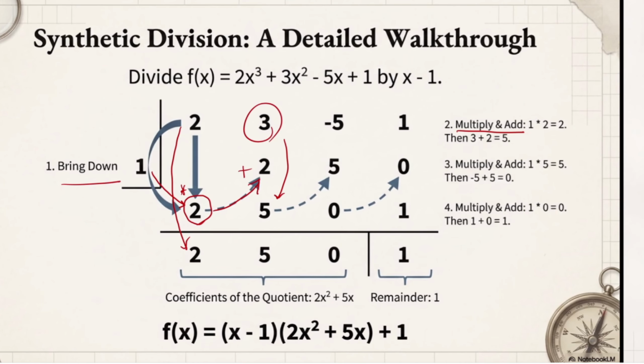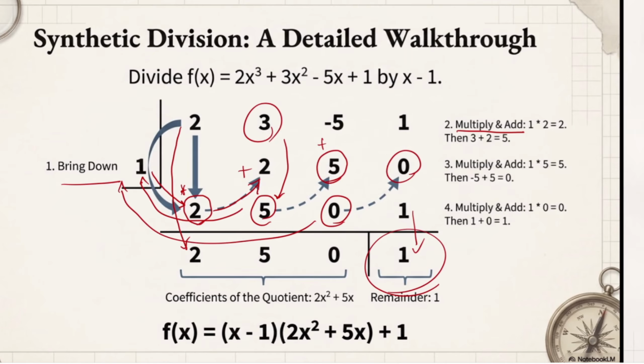I do the same thing: 5 multiplied by 1 is 5, adding with the next number, 0. Multiply 0 by 1, which is obviously 0, and add with the last number, which gives me 1. The final number is my remainder.